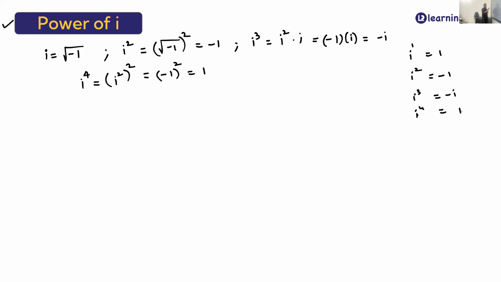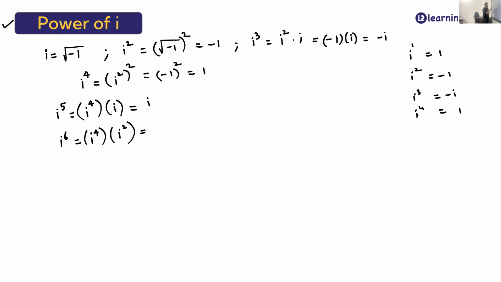Now the question is, what is going to be the value of I power 5? I power 5 can be written as I power 4 into I. But I power 4 is 1, so it will be I. What about I power 6? It can be written as I power 4 into I square.